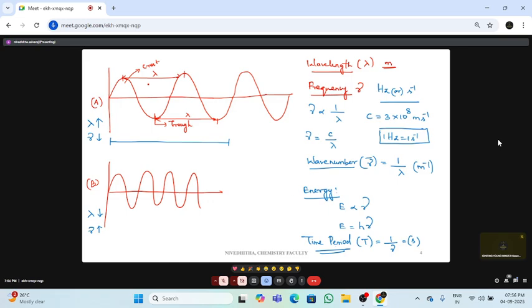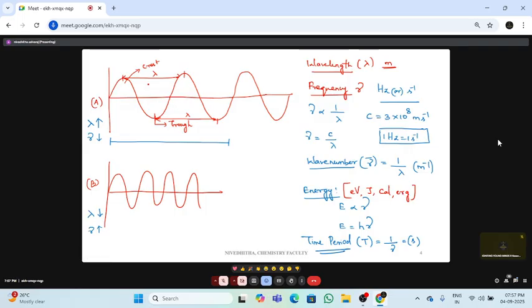And what will be the units of energy? We can express energy in terms of electron volt, joules, calories, ergs. We can use any of the units.